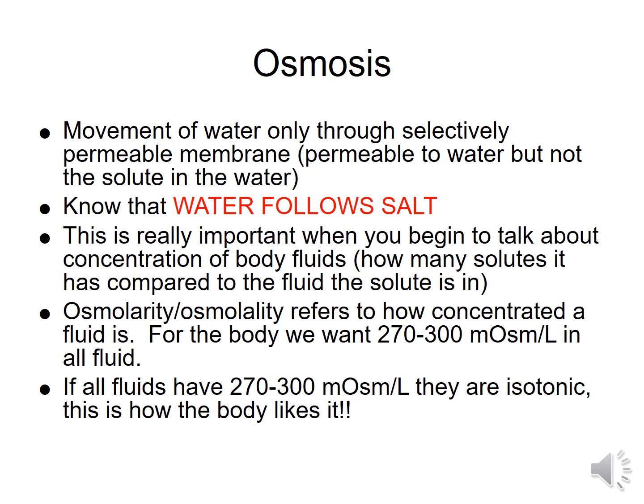So let me give you an example. What do you think normal saline's osmolarity is? It's 286.44. So does that fit right into the body's osmolarity? It does, doesn't it? Because it's between 270 and 300.